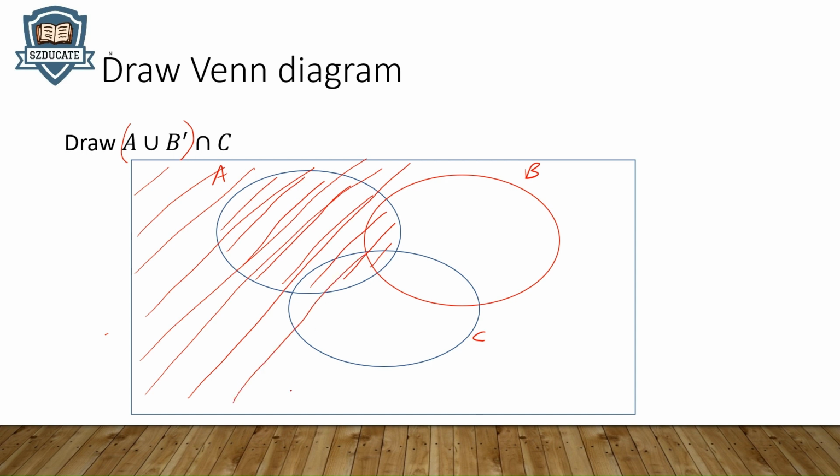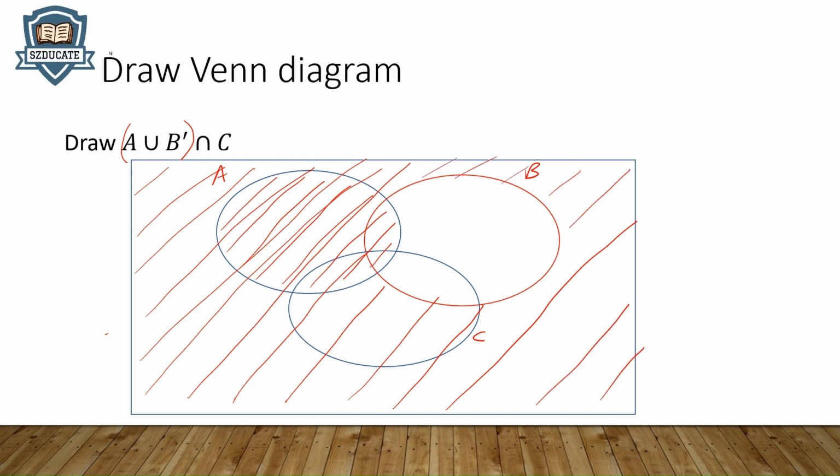Everything outside B, I don't care except for what is B. Okay, I got all the way from here, and then this one is not shaded. So I have left this part. The whole of C is almost shaded except this part. So that's my A union B prime.